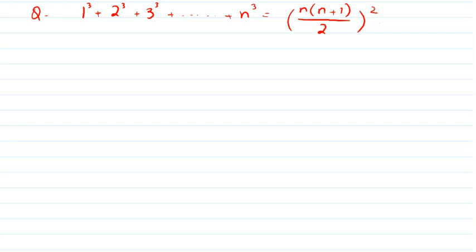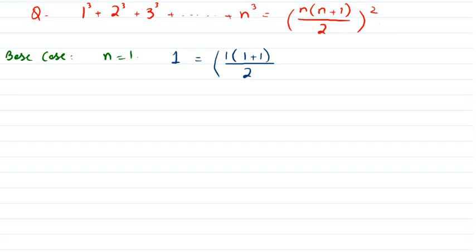Okay ji, starting with the base case, where we have to take n equals to 1, right? So starting with the base case, that is n equals to 1, and 1 to the cube is in fact 1, and here 1 times 1 plus 1 divided by 2, I'm plugging n equals to 1 here, right?